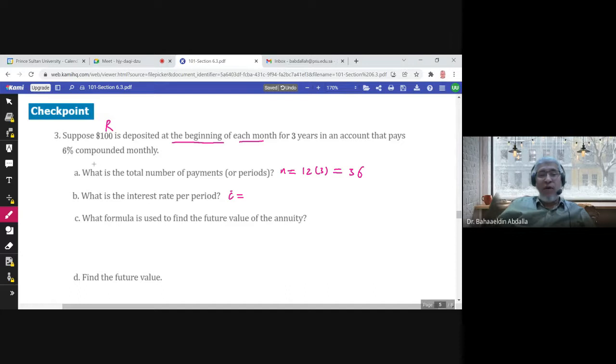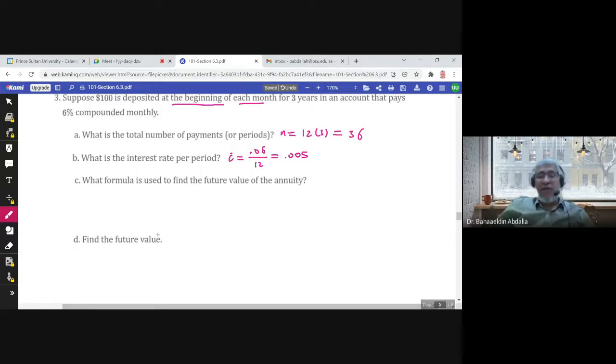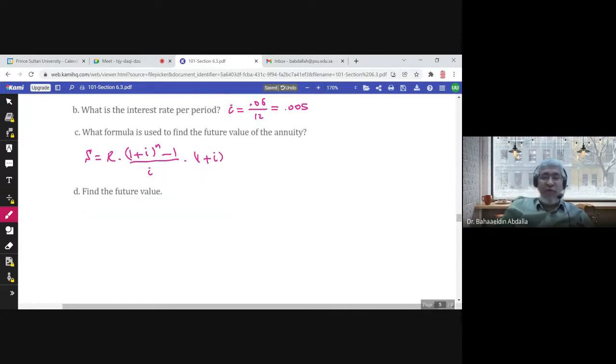Well, the rate is 6% compounded monthly, so I divide by 12, and the answer would be 0.005. What formula is used to find the future value? This is an annuity due, so S is R times (1 plus i to the power n minus 1) over i, times 1 plus i.